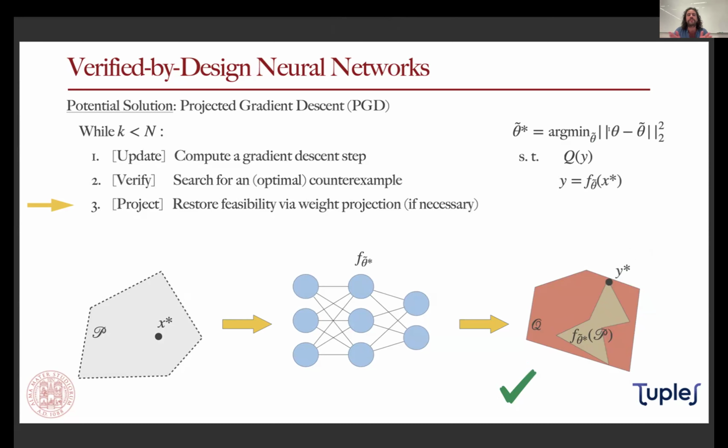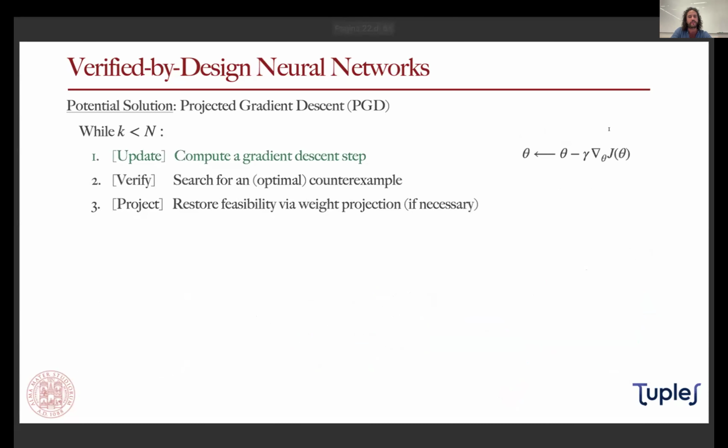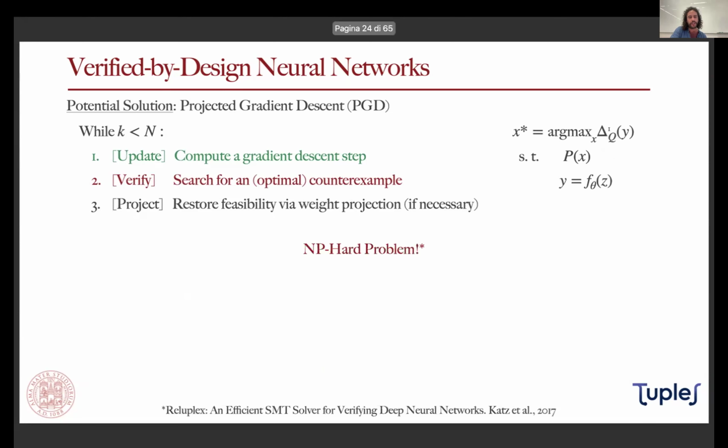As I said, this is a potential solution to our goal. The bad news, however, is that this algorithm is intractable. While the first step is easy to compute, since it is a standard gradient descent step, the verification step is very difficult. It turns out that this problem is NP-hard.